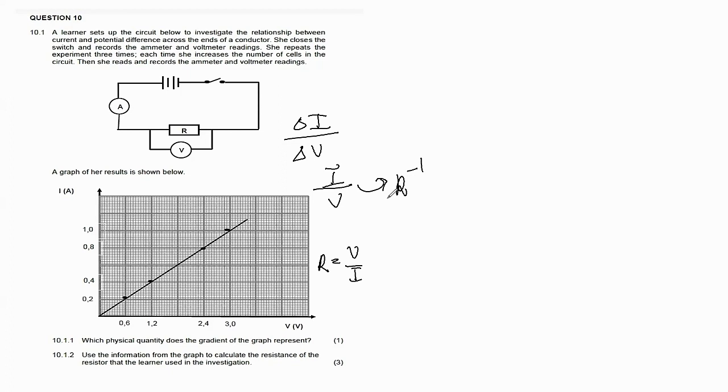You have the inverse of the resistance, which is the same as 1 over R. So once you have your current on the y-axis and your voltage on the x-axis, the gradient will represent the inverse. So 10.1.1, you must say the gradient represents the inverse of the resistance.